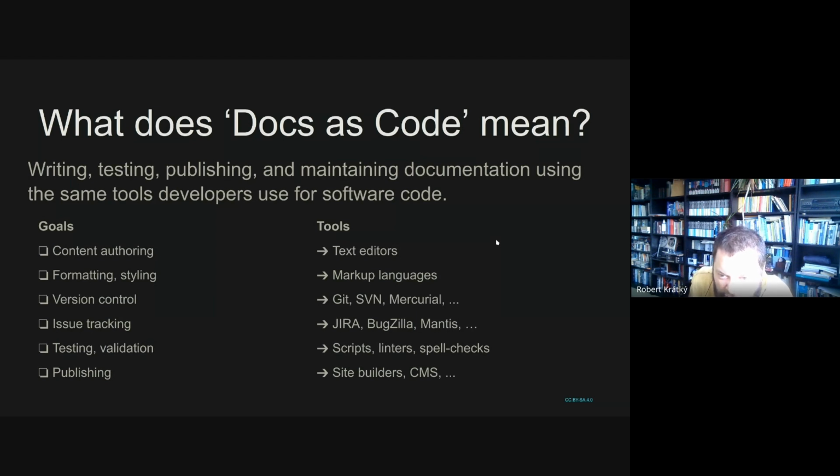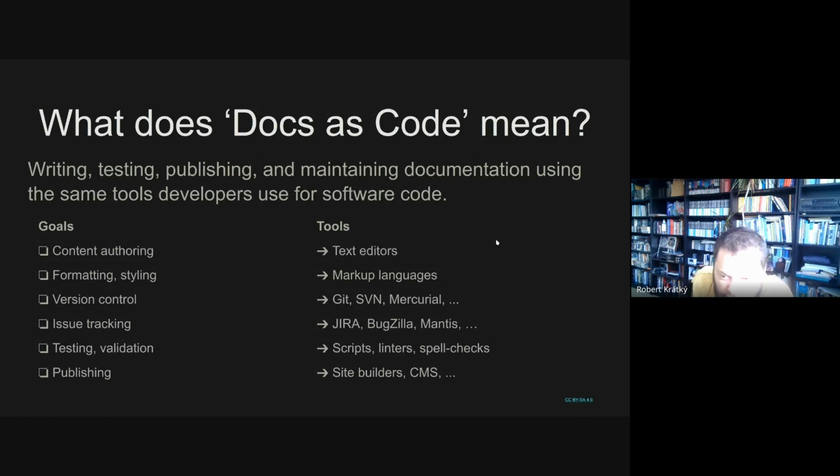There are some specifics to that, and of course I want to highlight that this something-as-code approach is not limited to documentation. When it's being discussed, the code is meant in a distributed, non-centralized version control system.